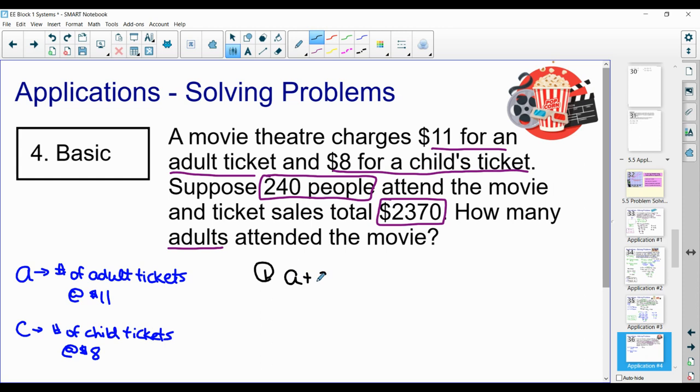A plus C, so the number of adult tickets plus the number of child tickets, is 240. Notice all of these represent number amounts. And then the value of the adult tickets, well, we have $11 per adult ticket. So $11 times however many adult tickets there are, plus $8 times however many child tickets there are, gives us 2,370.